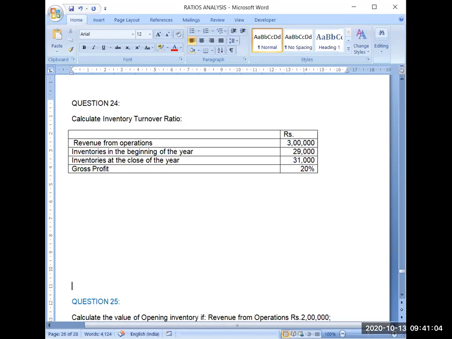20% of what? 20% of revenue from operations. Gross profit is equal to 20% of revenue from operations. If it will be of cost, the question will state it specifically. Otherwise, it will always be assumed on revenue from operations.